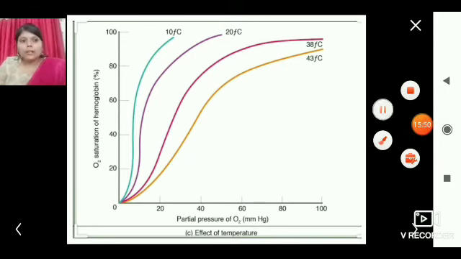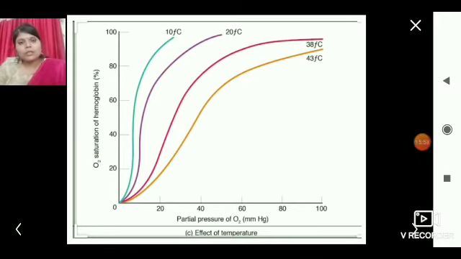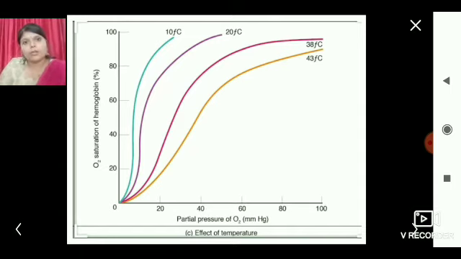This is telling us that the affinity of the hemoglobin for the oxygen is decreasing. The binding of oxygen to the hemoglobin is getting reduced because of the increasing temperature, showing a decrease in the affinity of the oxygen to the hemoglobin molecule.